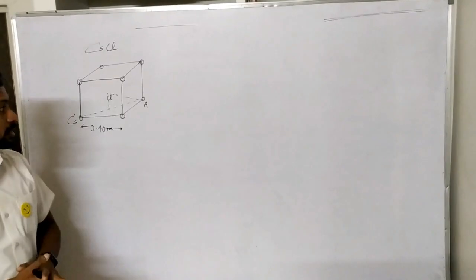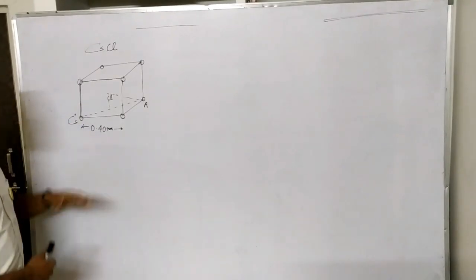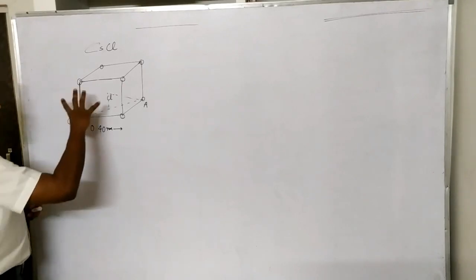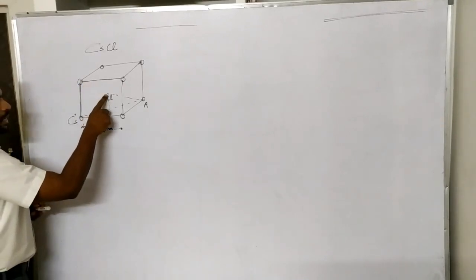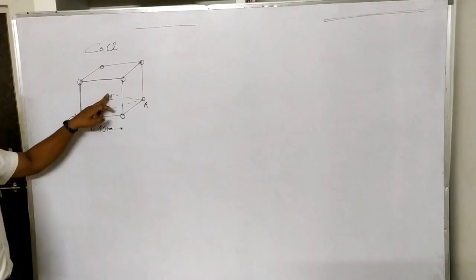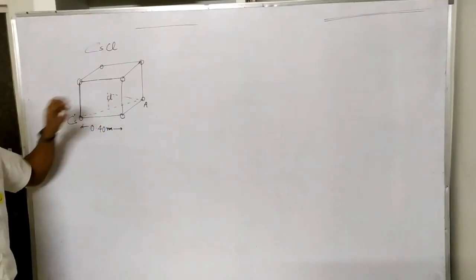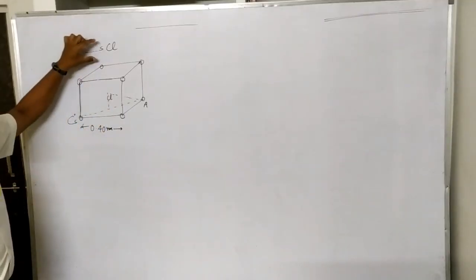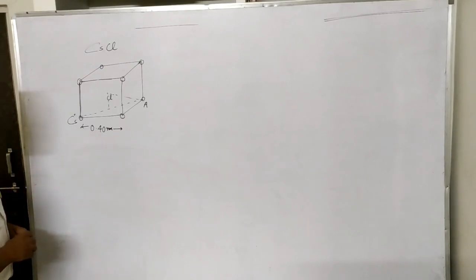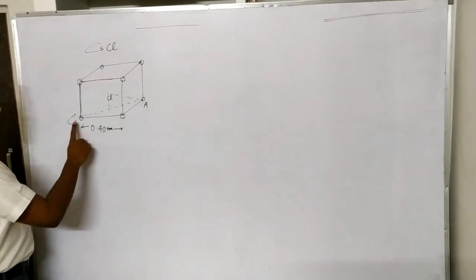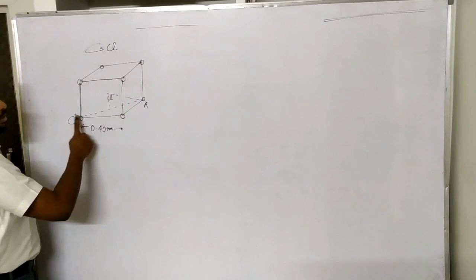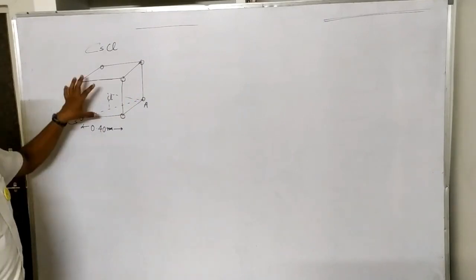Friends, in this question they have given us a cesium chloride crystal. They are asking us to find out what is the electric field intensity somewhere here at the chlorine ion. Generally in cesium chloride, in this arrangement, 8 cesium ions surround 1 chlorine ion.